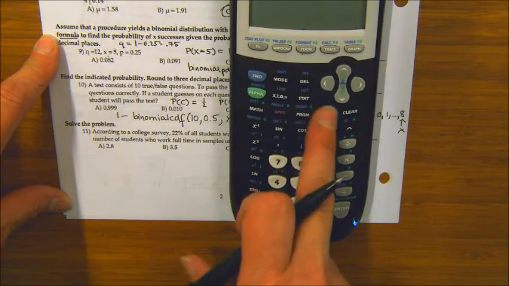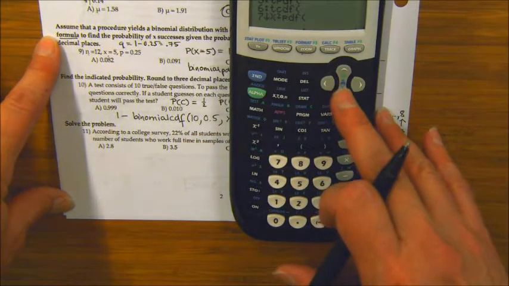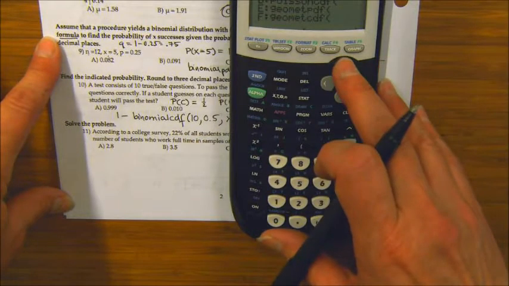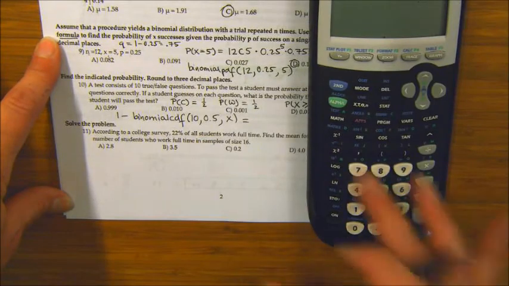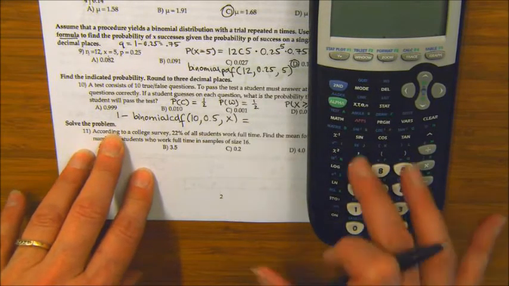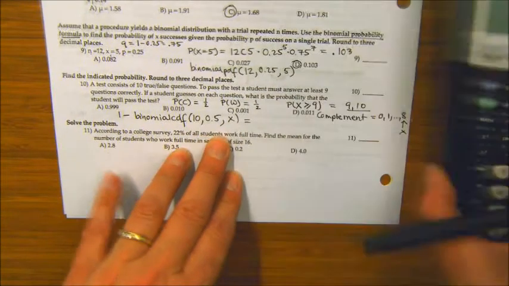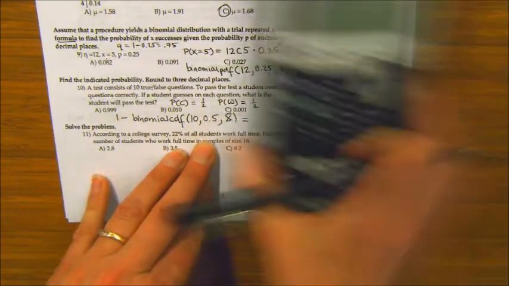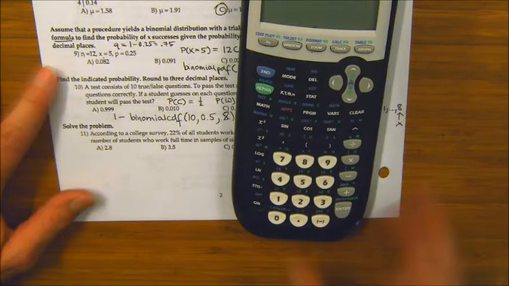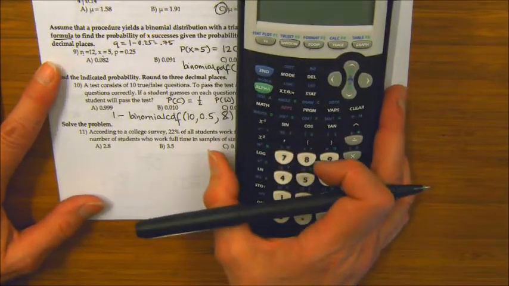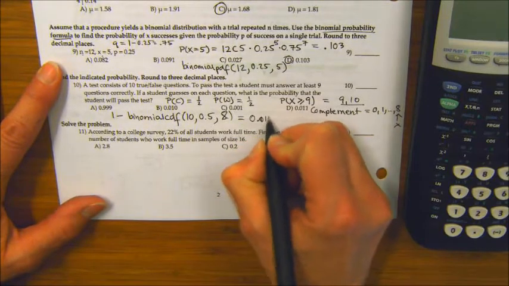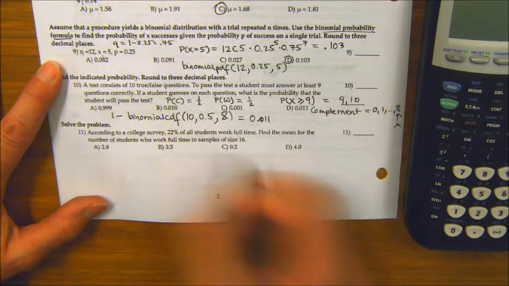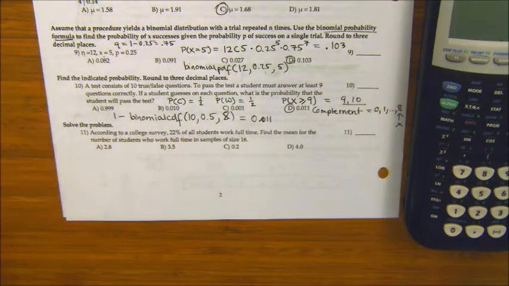So that's second vars, which brings you to the distribution. Going up to binomial CDF, entering first the number of trials, then the probability, and then the largest x value, which was 8 in our example. And the probability is 0.011, rounded to 3 decimals, and that is option D over here.